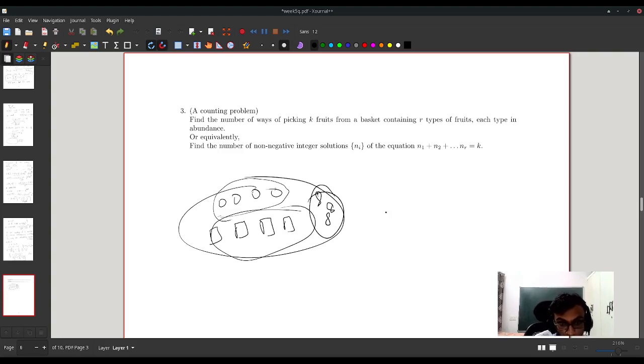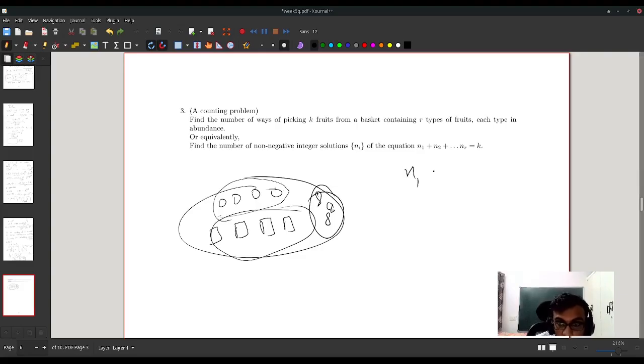So notice that the order of fruits picked doesn't matter. What makes one choice different from the other is the distribution among different fruits.